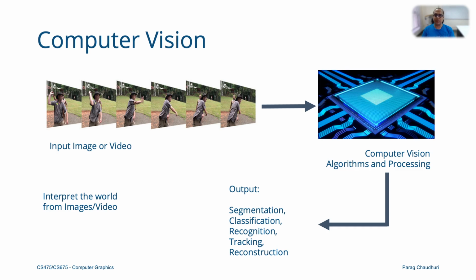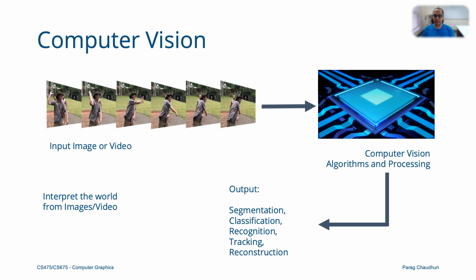For example, here you see a set of frames where a person is throwing a boomerang. You might want to do segmentation on this image sequence, where you segment out the person from the background. You might want to classify this action. You might want to recognize this person. You might want to track his movement, or even track the boomerang. Or you might want to reconstruct everything that you see in this image in 3D.